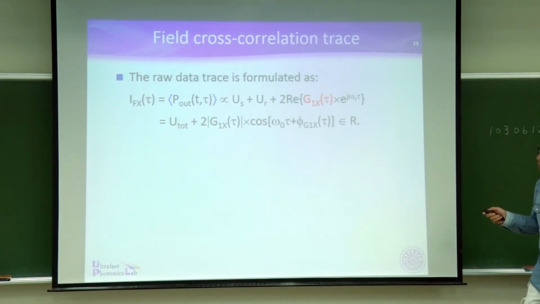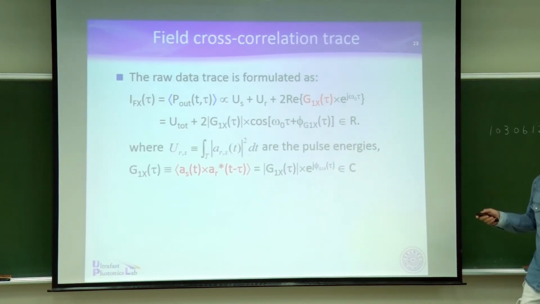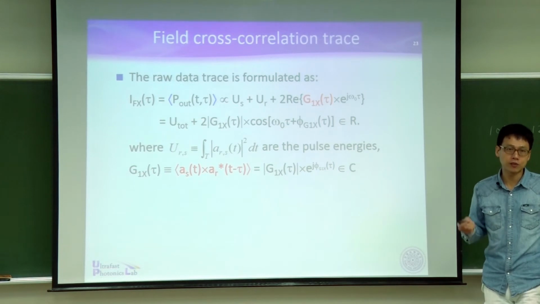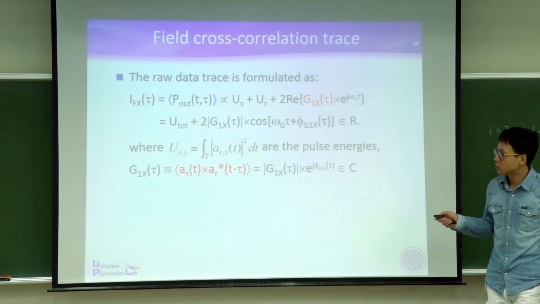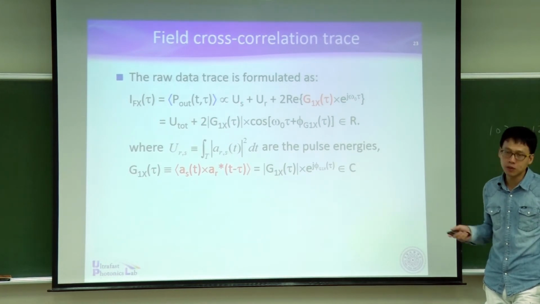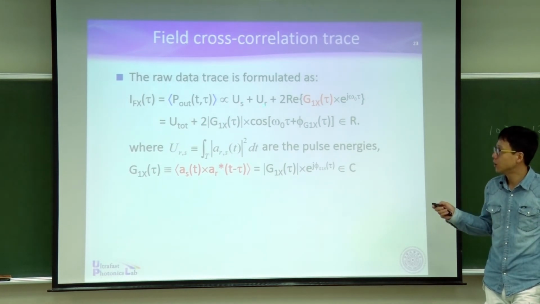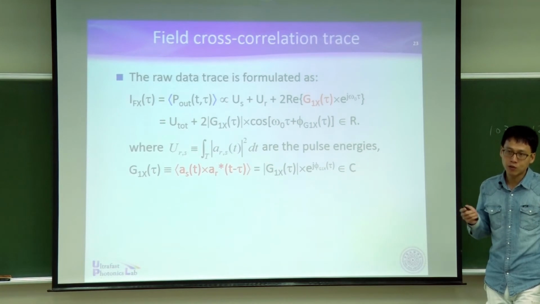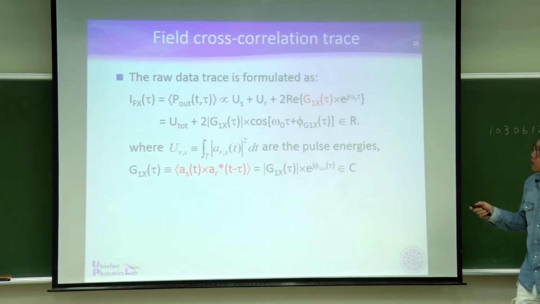But US and UR actually mean the average of the absolute square of the signal and the reference envelope functions. So it represents the pulse energies. US means signal pulse energy. UR means reference pulse energy. So the summation means total pulse energy, just a constant anyway.